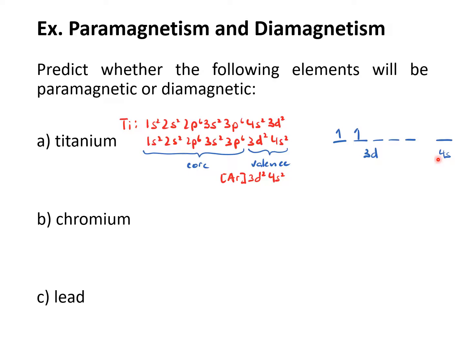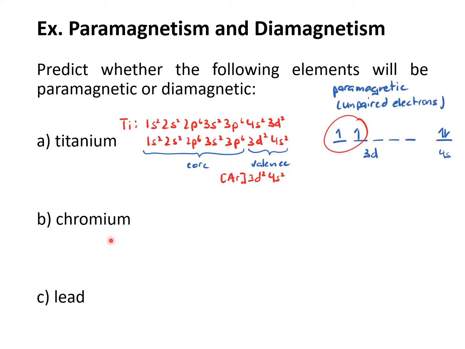Next, we write in the 2 electrons that are located in the 4s atomic orbital. 1, 2 electrons. And so here again we have our 4 valence electrons, 2 of them in the 3d atomic orbitals, and 2 valence electrons in the 4s atomic orbital. We can see here that since we have 2 unpaired electrons, titanium is paramagnetic.